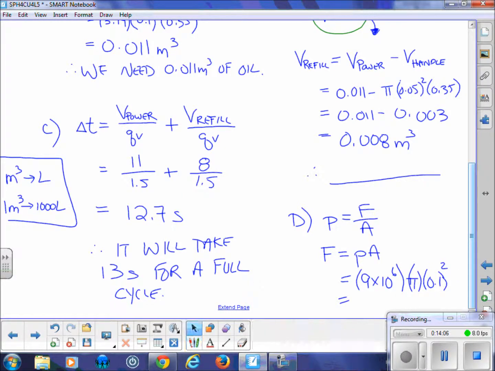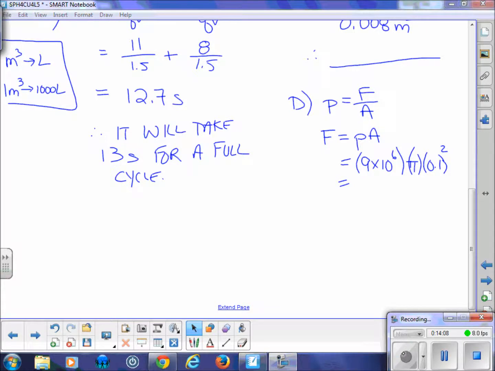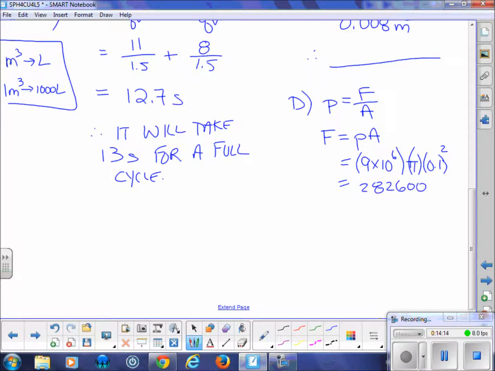So when we do that calculation, we get a total of 282,600 newtons, or 282.6 kilonewtons. So that's how much force is being applied in this system. So quite a significant amount of force.